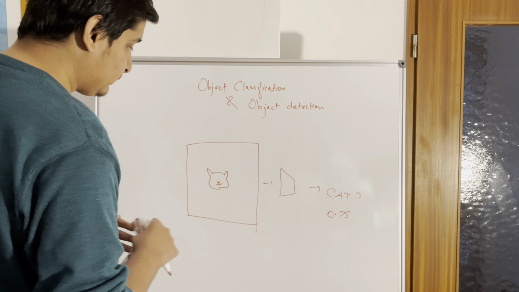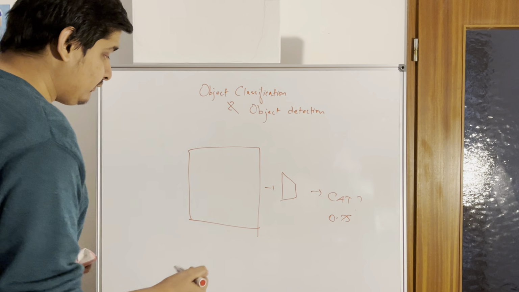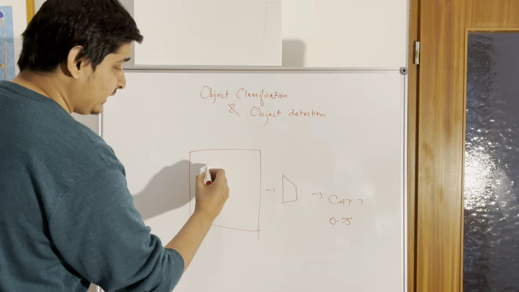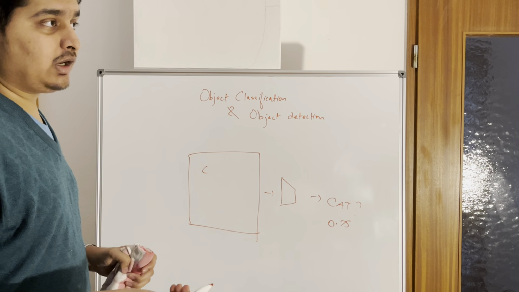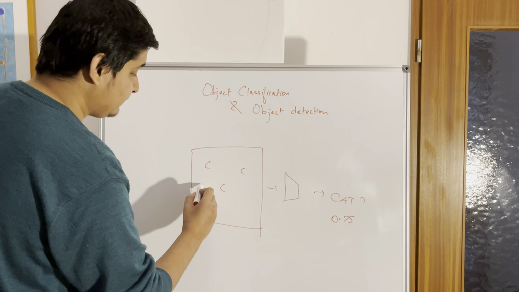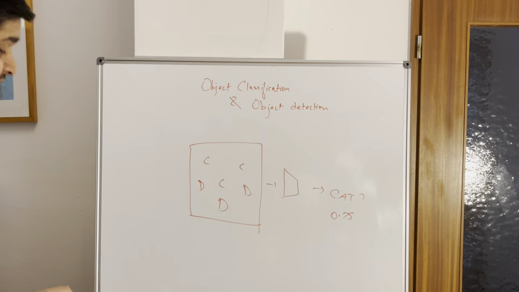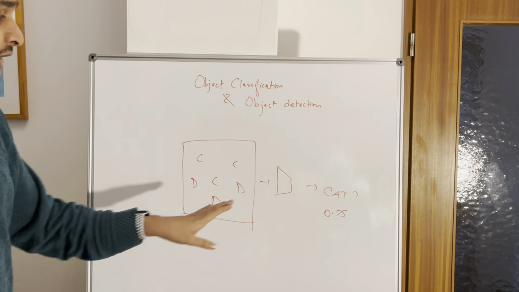But what if we have multiple cats and dogs in a frame? Right? You visited a farm or a pet house, and you found that there are many cats and there are dogs as well. Over here you can't ask the network just whether it is the picture of a cat.